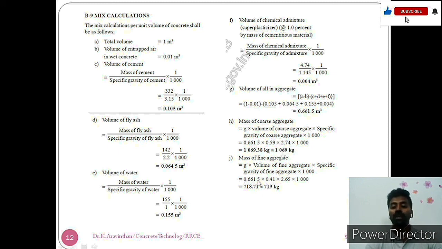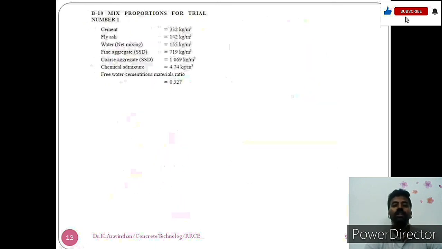And in the total volume of aggregate 0.6615, you have to multiply with the 0.41 which we have identified in the last slide, that is 0.41 into the specific gravity 2.65 into 1000. If you multiply that, you will be getting 719 kg. So these are the mix proportions which you have arrived.